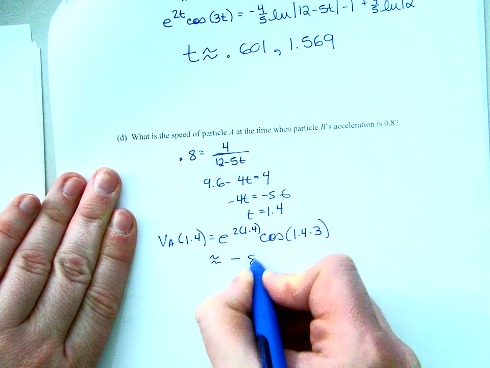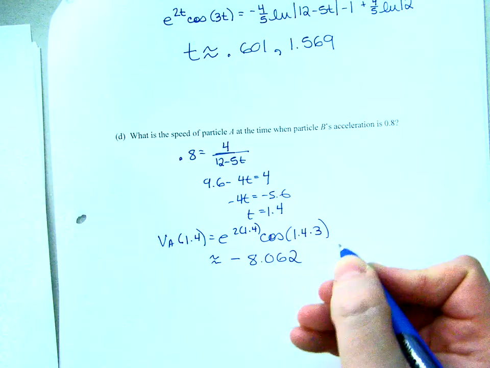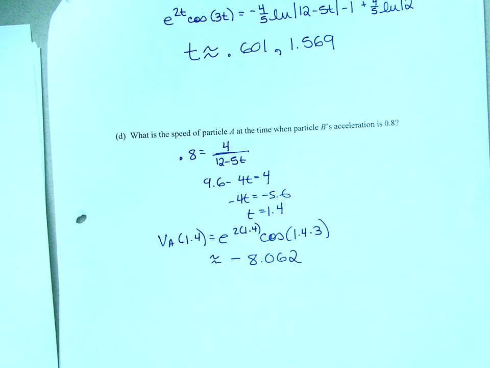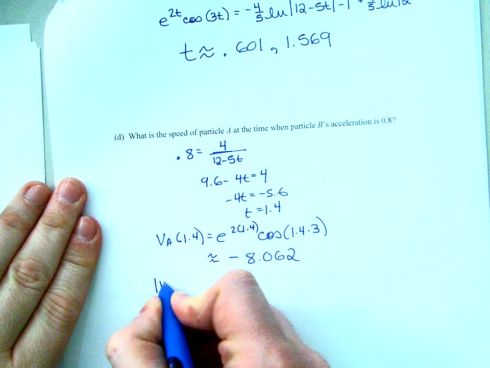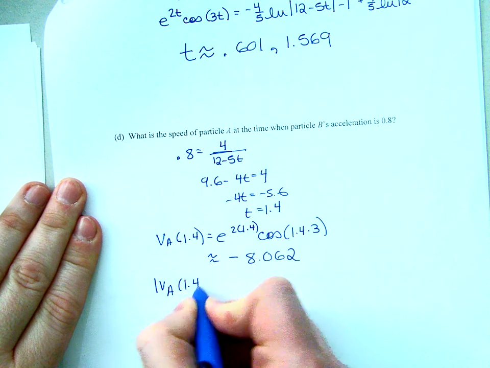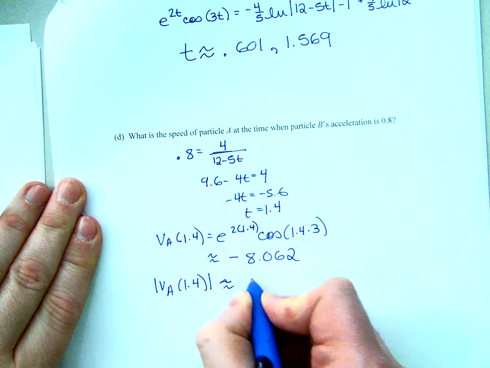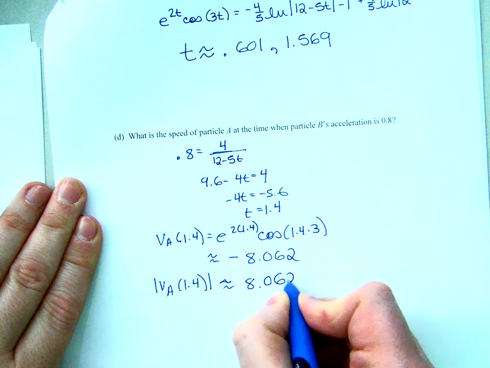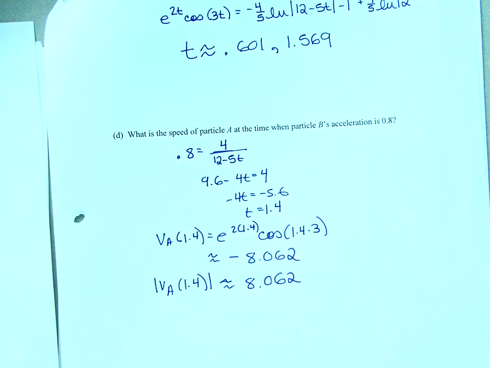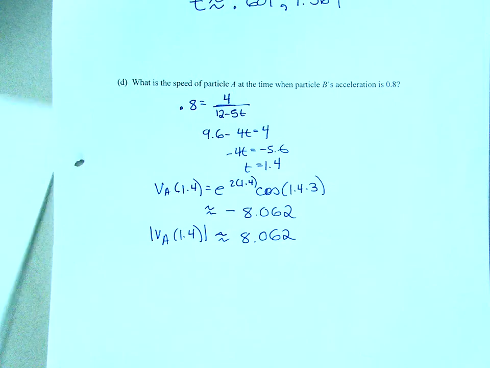And I'm getting negative 8.062, which I told you was not correct. Speed is the absolute value of velocity. So our speed is going to be about positive 8.062. That's what should be happening.